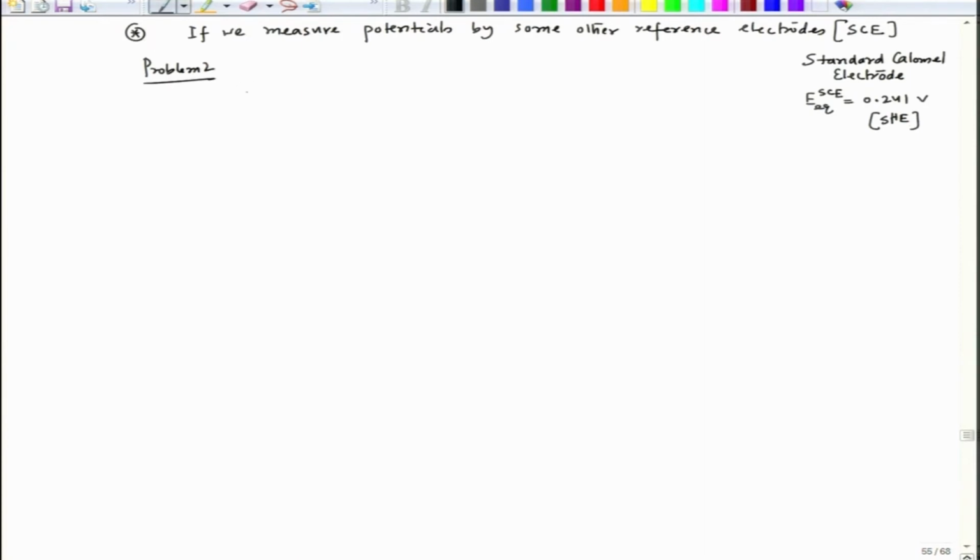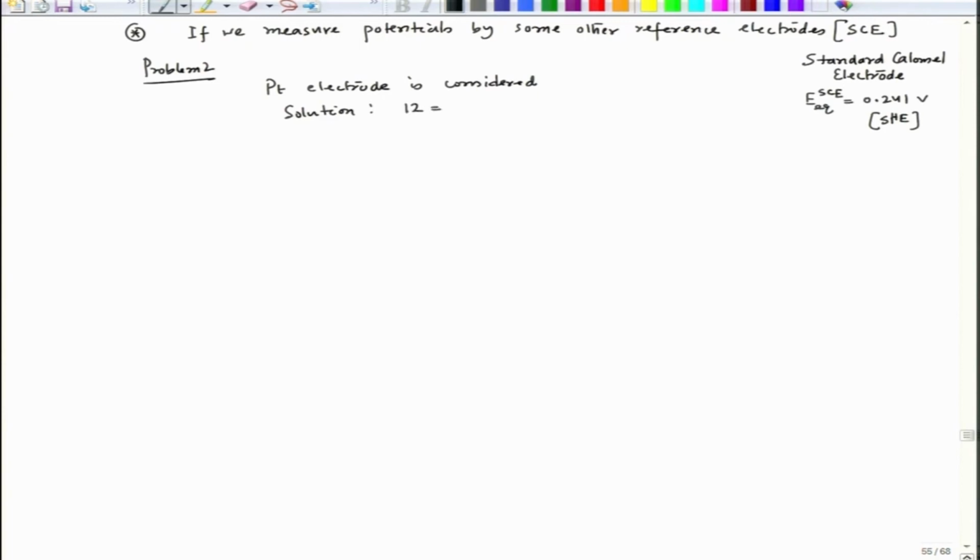Let us say a platinum electrode is considered. If we take a platinum electrode, and consider that it is in a solution, or the electrolyte is having a pH of 12.